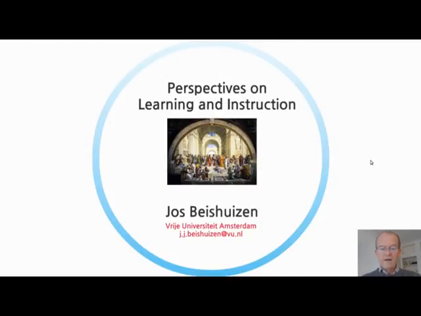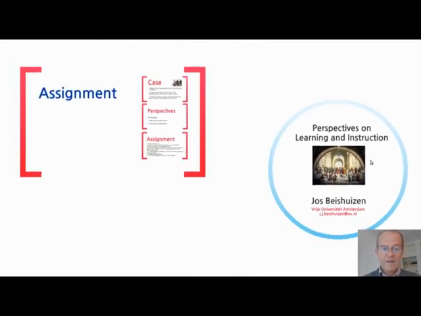Okay, now we have arrived at the assignment of the first module, Perspectives on Learning and Instruction, and I would like you to do the following. First, we have a case, a particular example of a Community of Learners project.